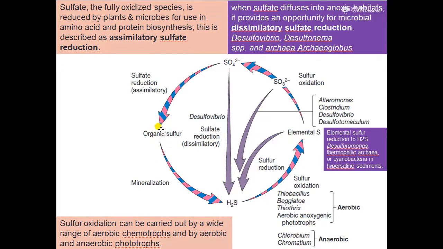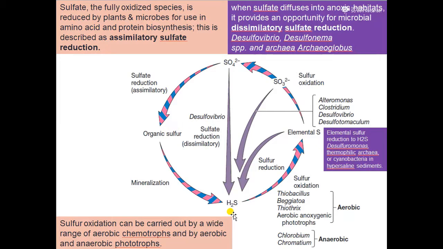And this organic sulfur can further mineralize and result in the formation of H2S also. Now, another thing which we have not explained here is the H2S. This H2S can be converted into elemental sulfur, and further it can be oxidized to form sulfate to complete the sulfur cycle.